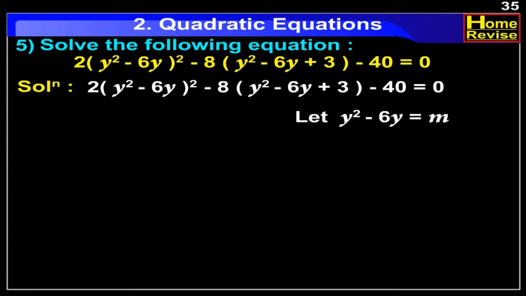Let y square minus 6y be equal to m. Therefore, we have 2m square minus 8m minus 24 minus 40 is equal to 0.